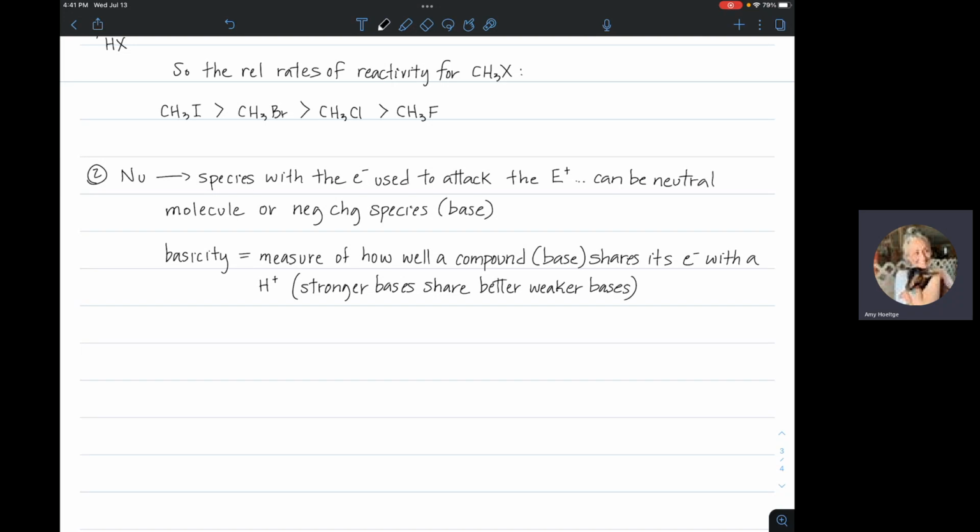So you're basically asking yourself, like, how awesome is this base at deprotonating some other molecule? So that's basicity, right? Nucleophilicity is a little different.